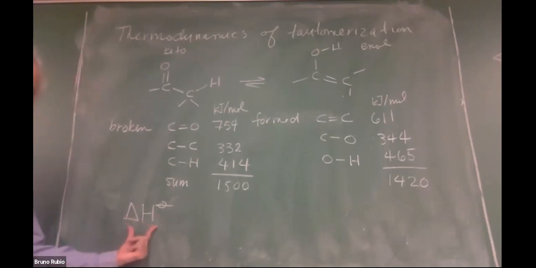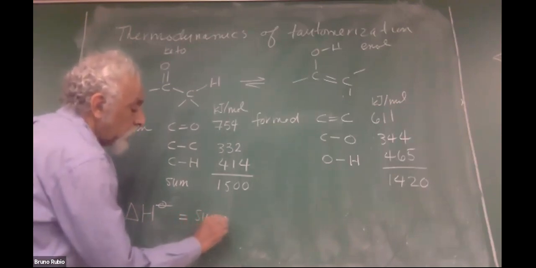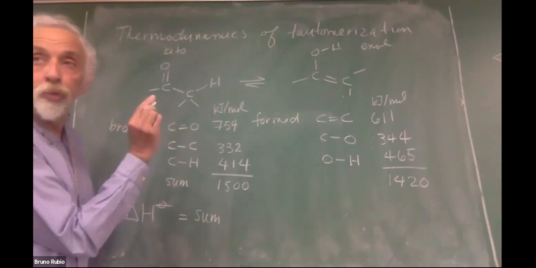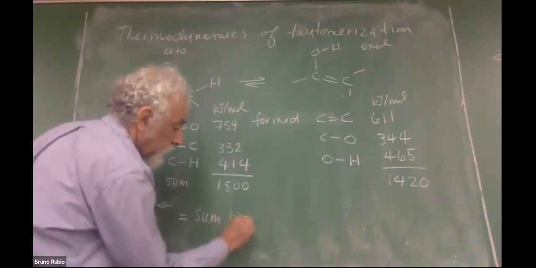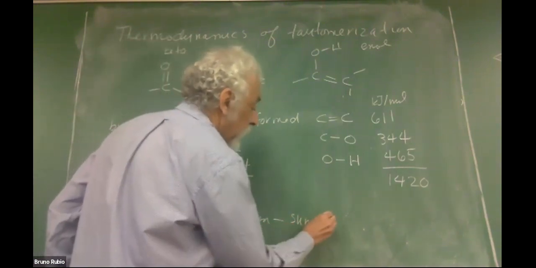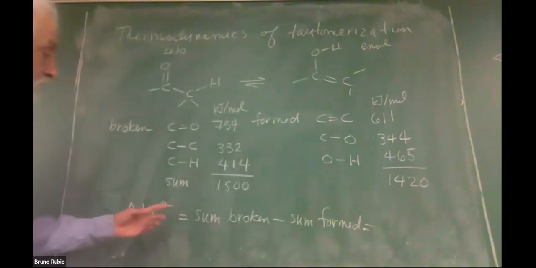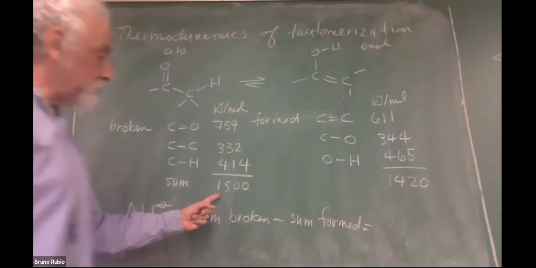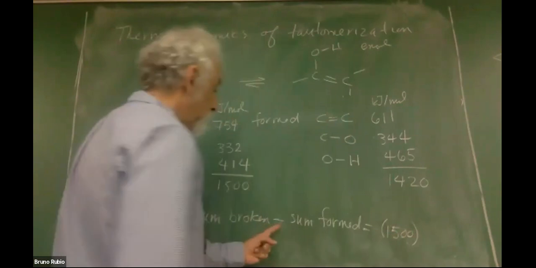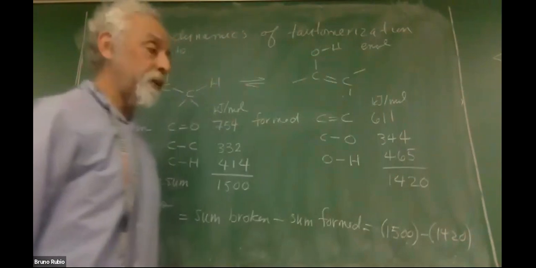So the overall change in enthalpy is equal to the sum of the bonds broken minus the sum of the bonds formed. When you do the math here, 1,500, this comes in as a positive number, minus the bonds formed, 1,420.